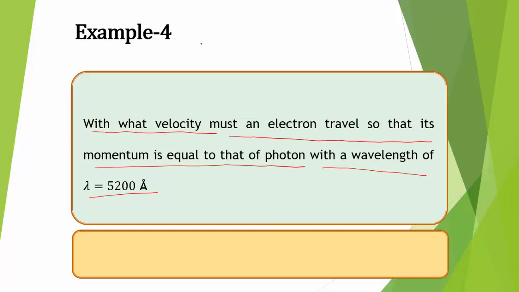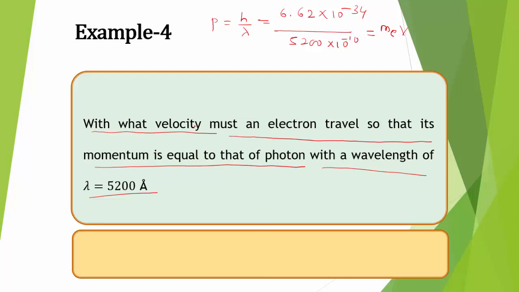Here the momentum, you know the simple formula, momentum P is equal to h divided by lambda, that is 6.62 into 10 to the power of minus 34 divided by 5200 into 10 to the power of minus 10 meter. It is equal to mass of the electron into velocity v.